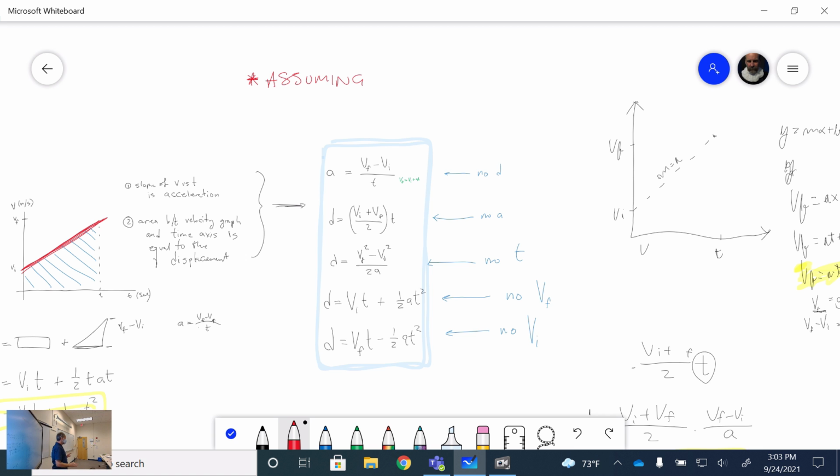These 5 equations only work over periods of time during which the acceleration is constant. So in the jargon, we say, assuming uniform acceleration. And in the fanciest terms possible, these equations are typically known as the kinematics of uniform acceleration.